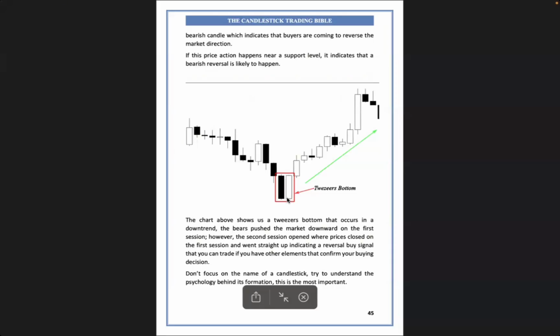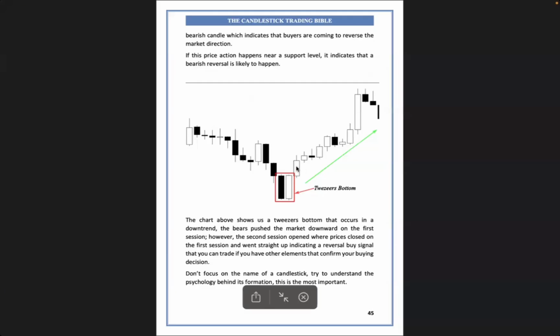And then the buyers ambushed the sellers, pushed the price all the way up, closing above. It can close at the same place that the previous candle opened, or if it closes above where the previous candle opened, it's even better. Okay, you know what happened?